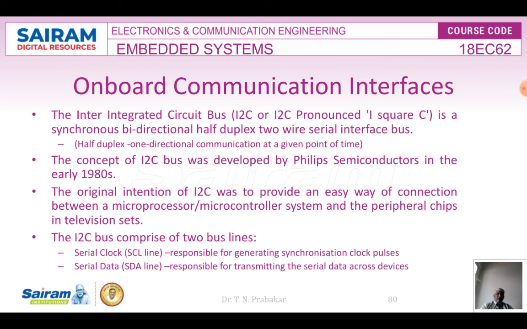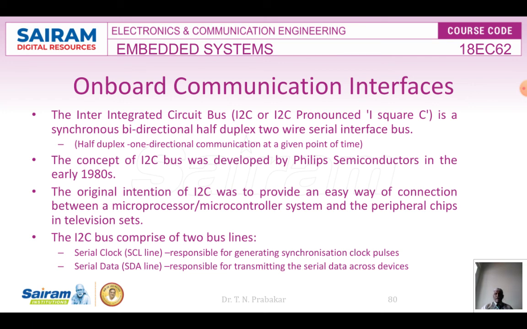Then after some time, if you want to swap the roles, the transmitter will become the receiver and the receiver will become the transmitter, so that the reverse transaction can happen, but not simultaneously. But if it is full duplex, both will have transmitters and receivers, so simultaneous data transactions can happen. That is called full duplex. You might have already studied this in your communication systems: simplex, half duplex and full duplex systems. It's bidirectional, so the data can flow in both directions.